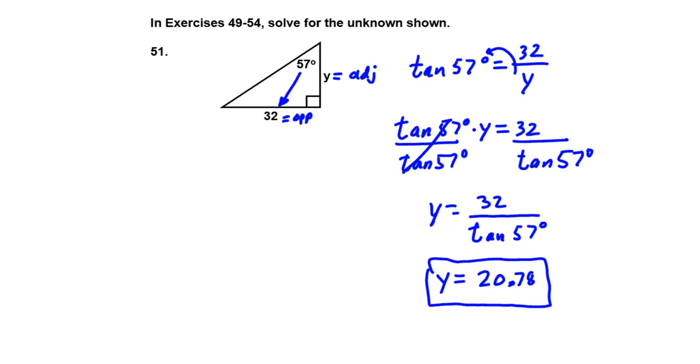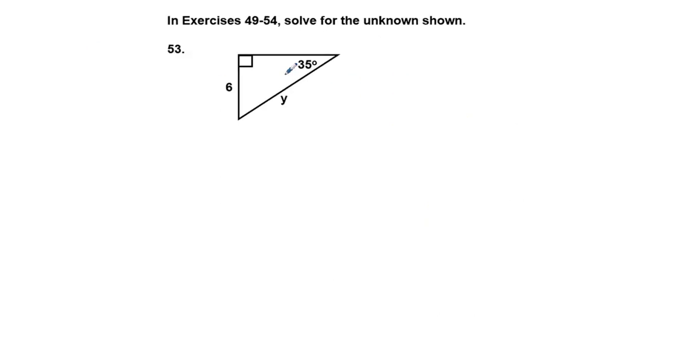All right, we're going to do one more, the last algebra problem. We have this inverted triangle here. We have our angle 35 degrees, so I'm going to go over here to the opposite side and find 6. And then down here, our longest side, our diagonal, is always going to be our hypotenuse.